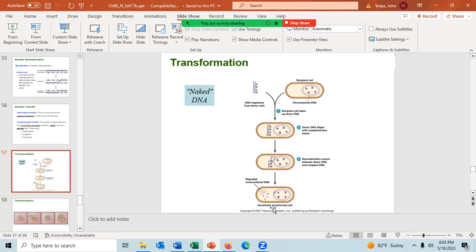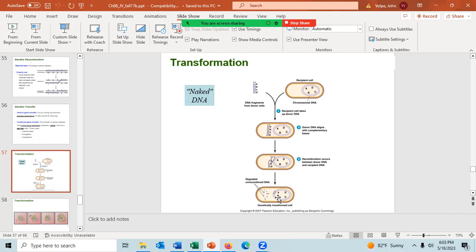This would happen something like if the lowercase a gene encoded for bacterial resistance to an antibiotic, like penicillin G, this cell then would pick up penicillin G resistance. So this is important. This cell is expressing a new phenotype.